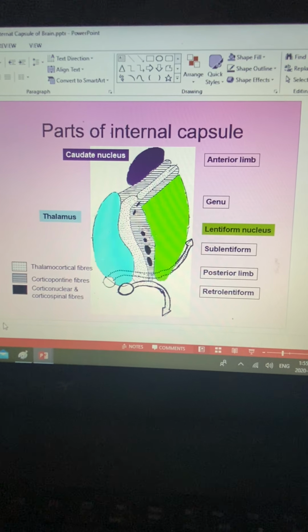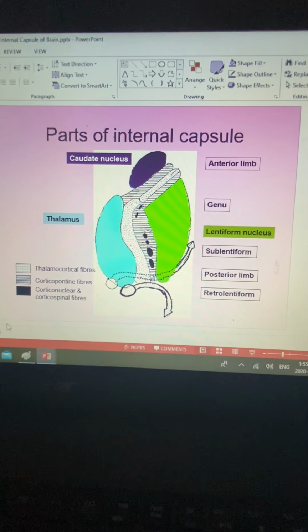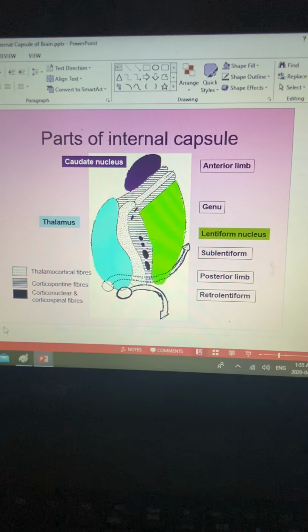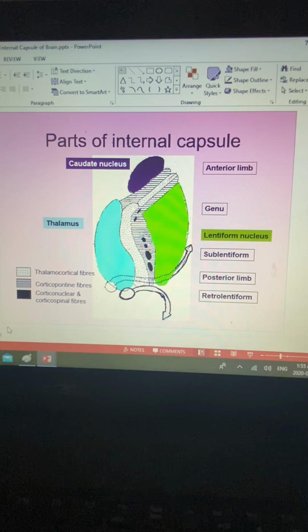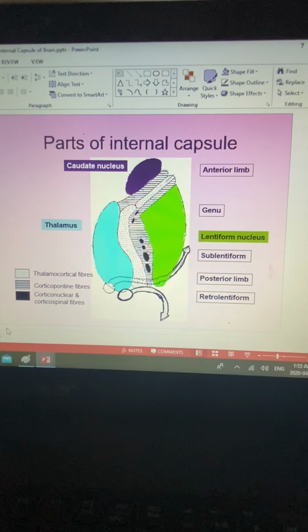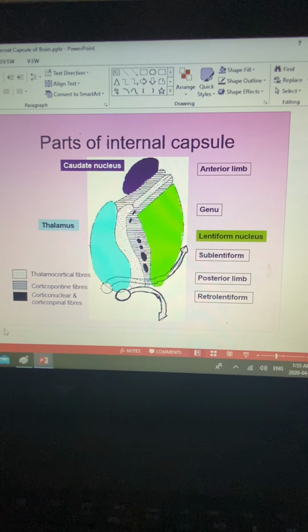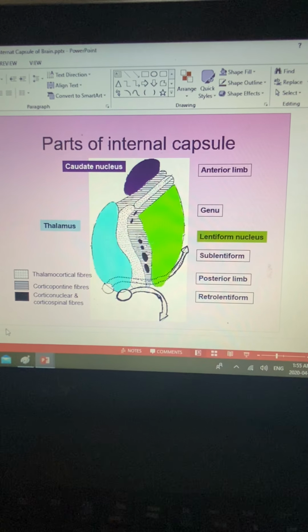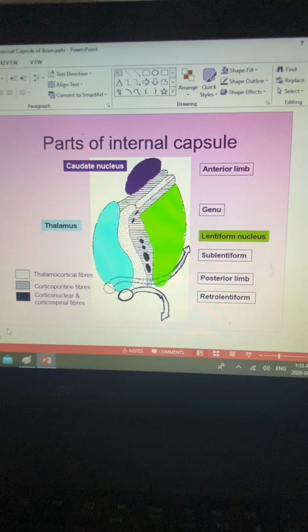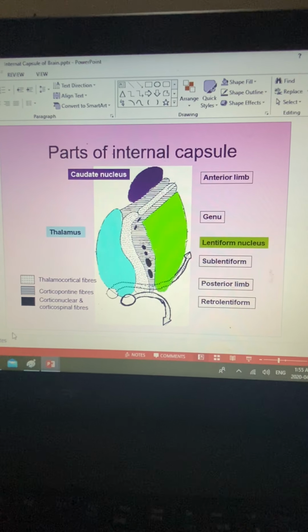Why I'm showing you that: the fibers are given specific rooms. These are the specific rooms of specific fibers. They will never enter or disturb the locations of the others.